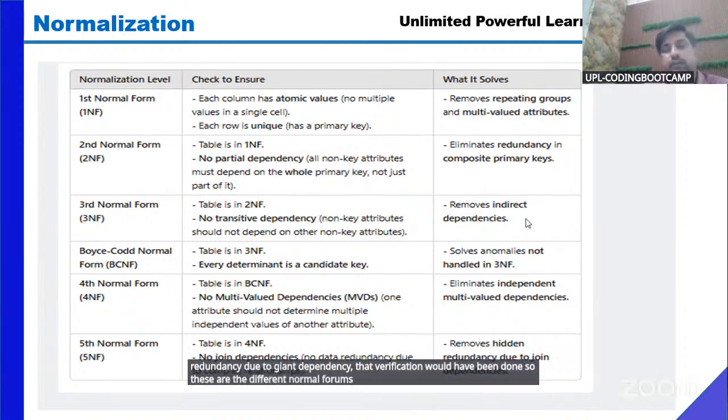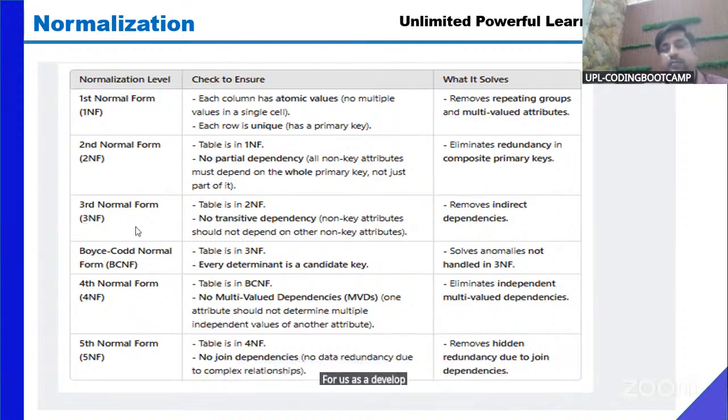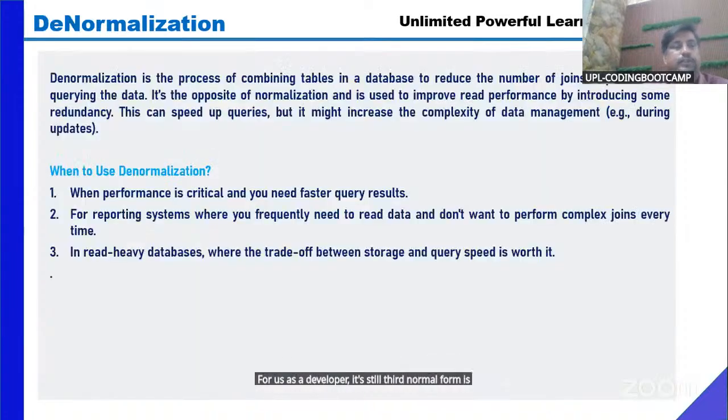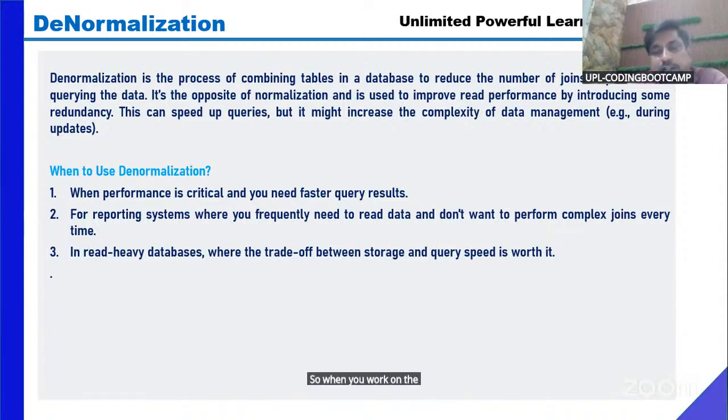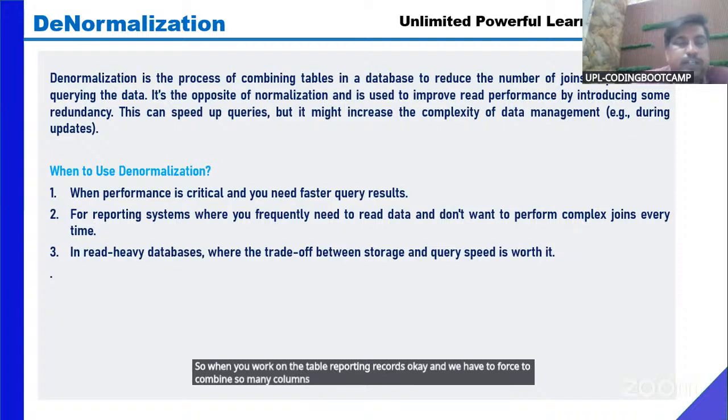For us as developers, up to third normal form is actually sufficient. The next important topic: we put a lot of effort into bringing a solution up to this point. But suddenly business intelligence and data analytics come into the picture. When you work on reporting records, we are forced to combine so many columns as a view or something like that.